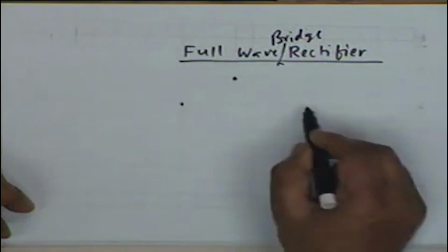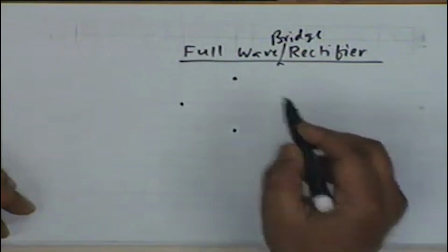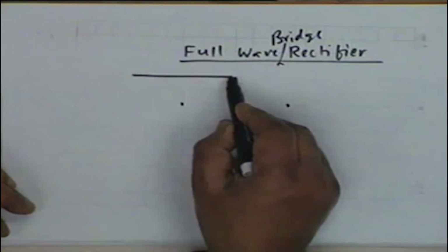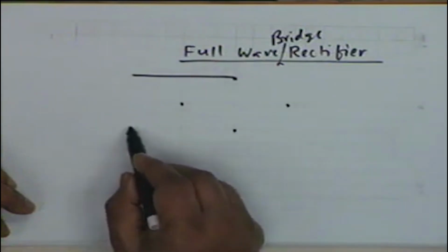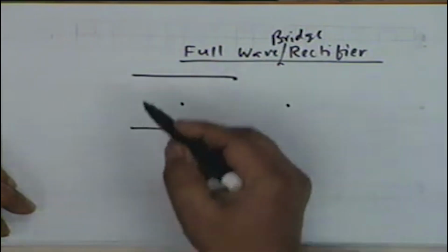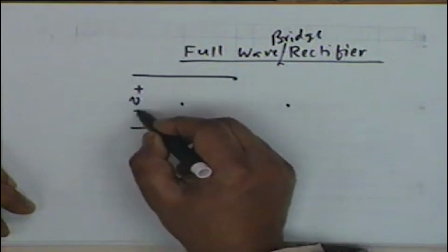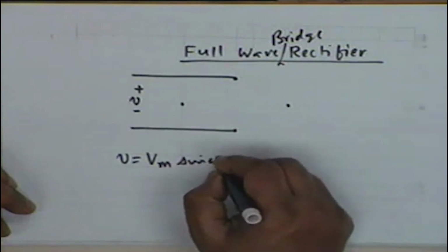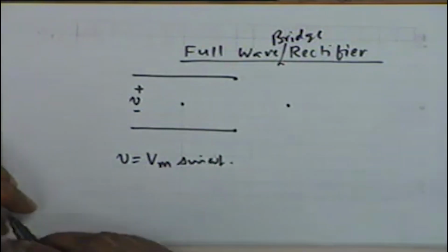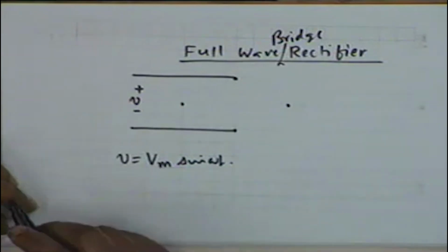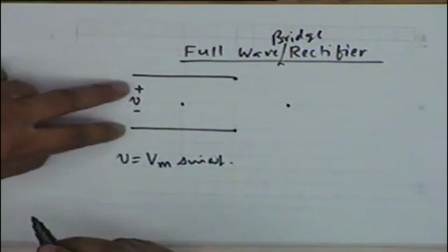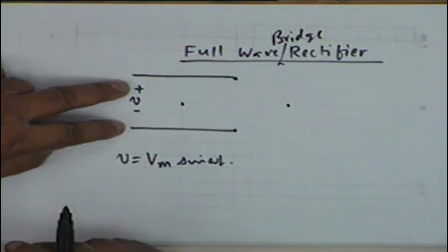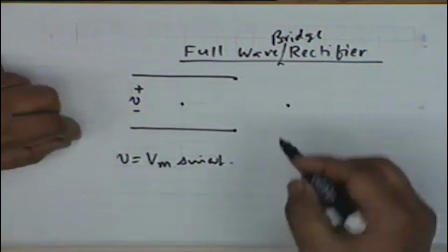You have a Wheatstone bridge kind of arrangement, and the input AC, small v equal to Vm sin omega t, is applied between these 2 points. It is so arranged that during both halves of small v, current flows in the load in the same direction.